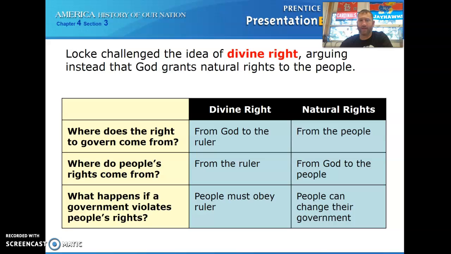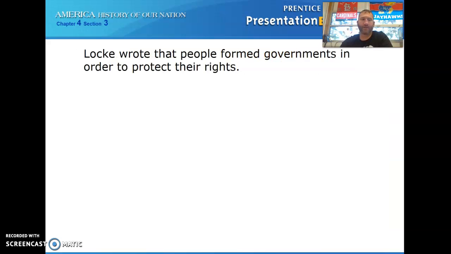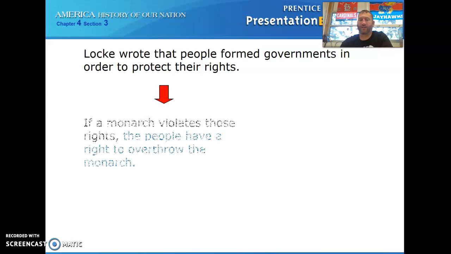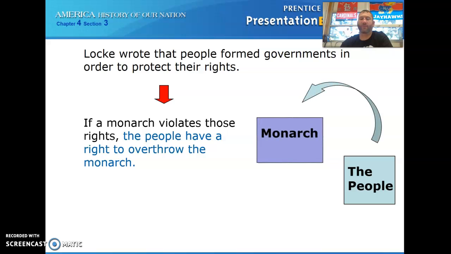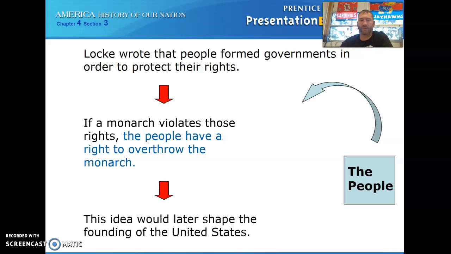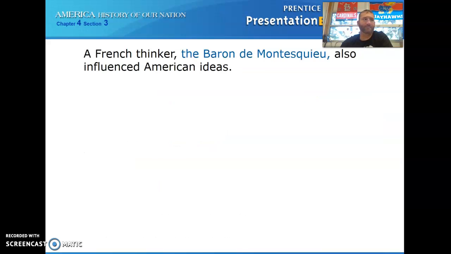Well, the idea of divine right says that people must obey the ruler, and natural right says people can change their government, which usually means a revolution. Locke wrote that people formed governments in order to protect their rights, and if a monarch violates those rights, the people have the right to overthrow that monarch. Boom. This idea would later shape the United States.